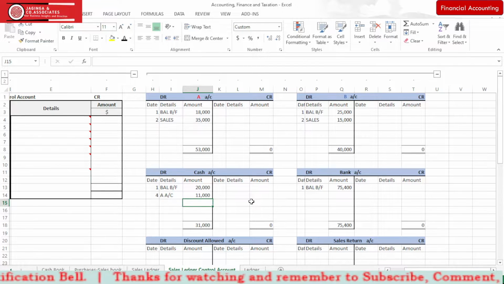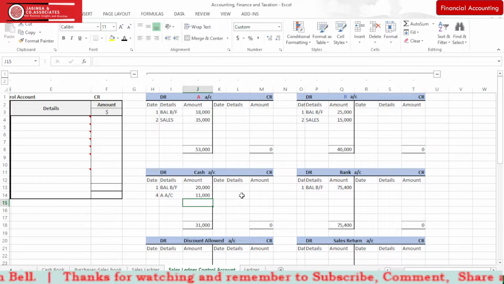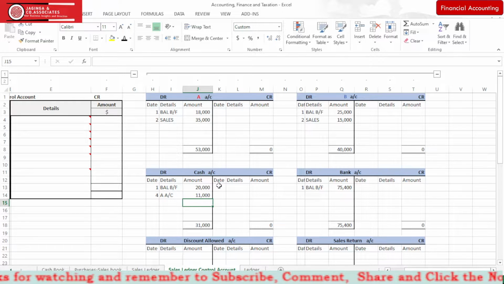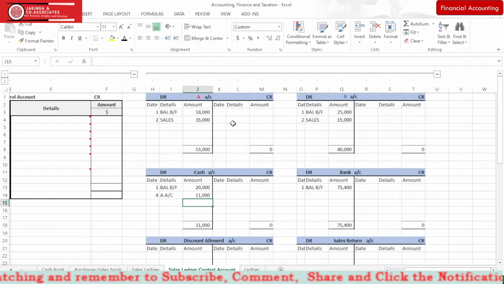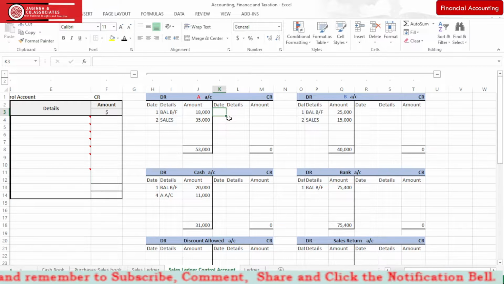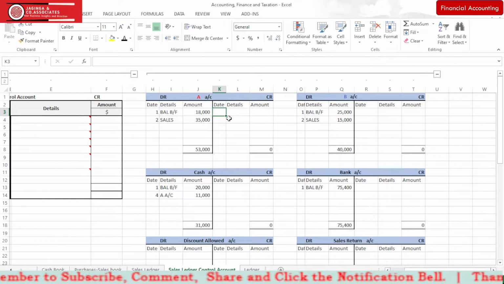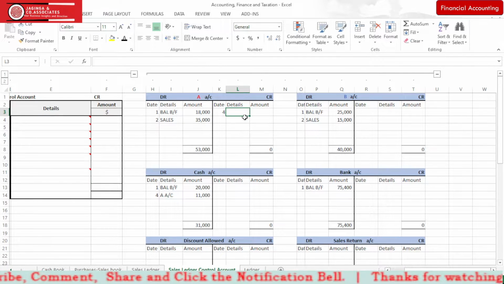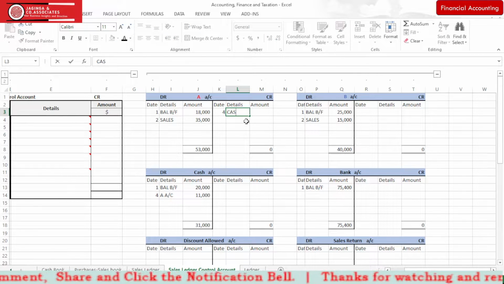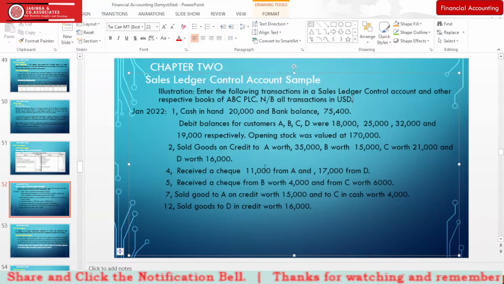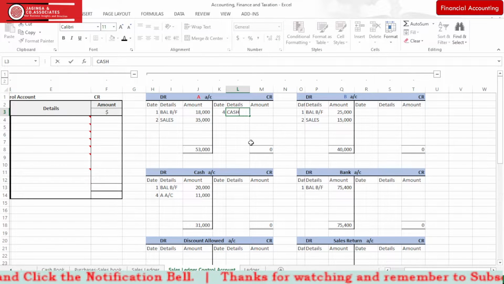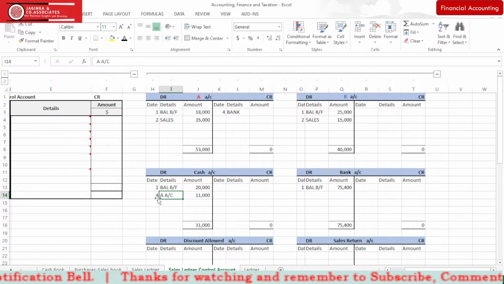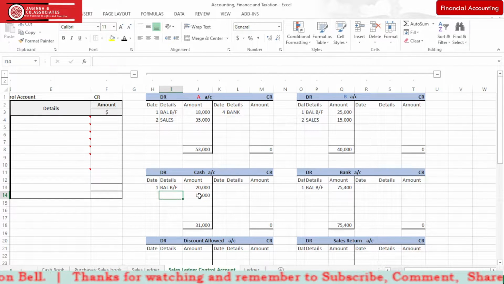Applying the double entry concept, for every debit entry there must be a credit entry. So we received 11,000 from customer A. We also need to reduce the balance of customer A. So here we are writing 4th. We received cash. Received check, not cash. So this should be bank. So this again should be applied on the bank side, not cash.